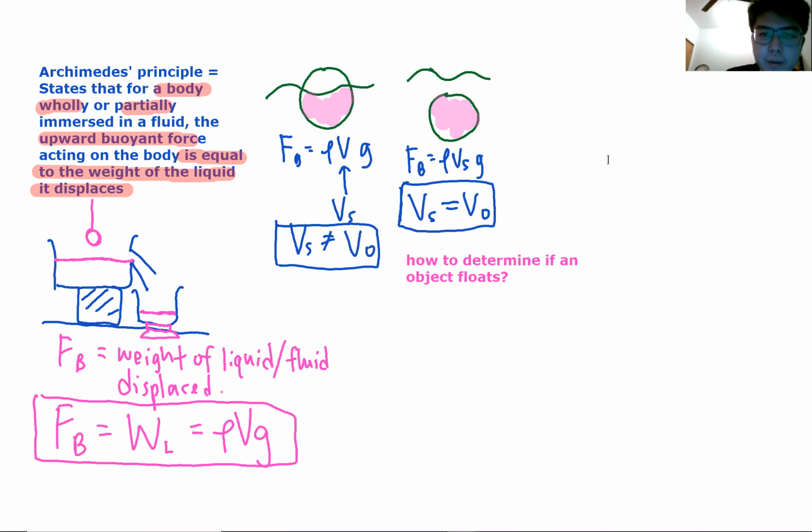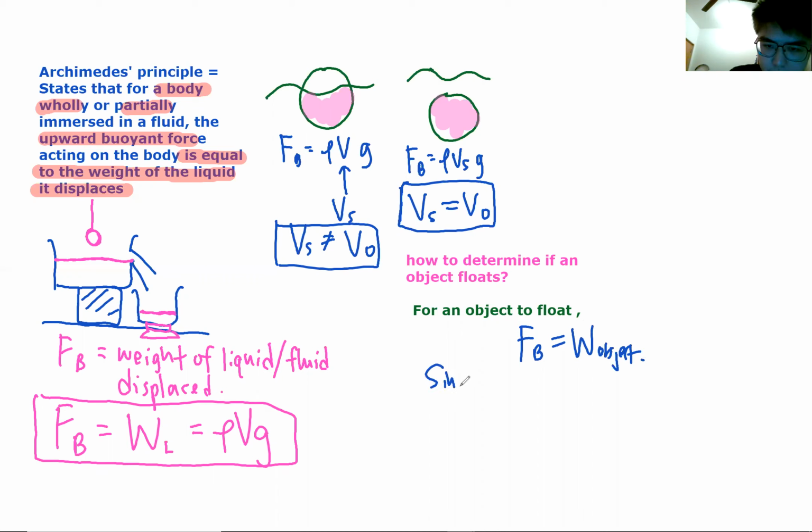Okay, you already know that. We know that for an object to float, the buoyant force must be equal to the weight of the object, right?